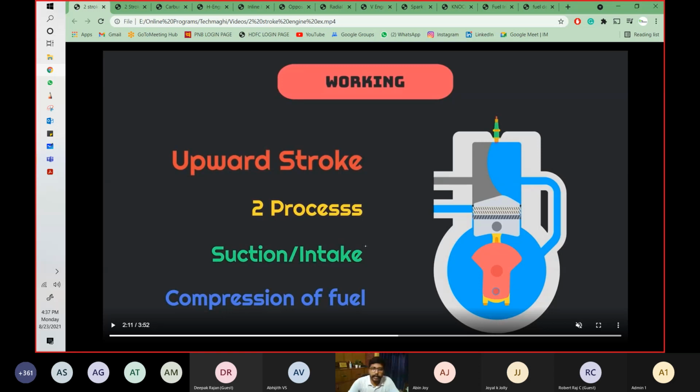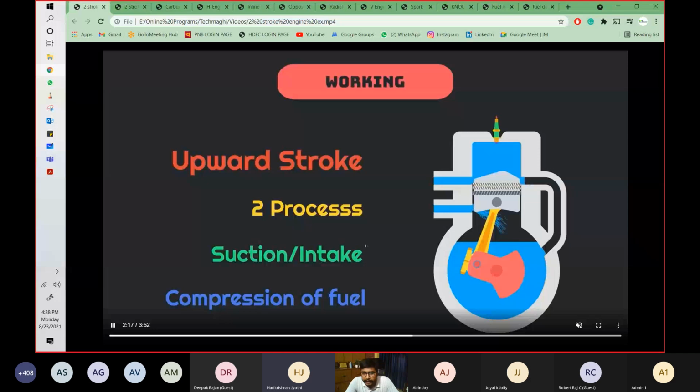So you see how this takes place. Now you will see that the intake of the fuel is happening, and this is where the fuel is coming from, the intake manifold.